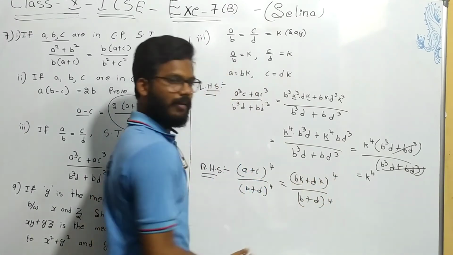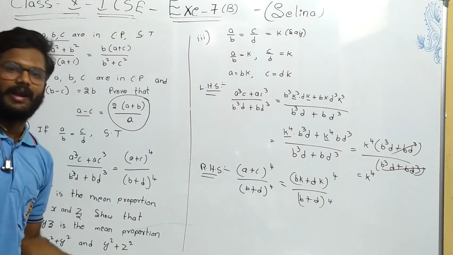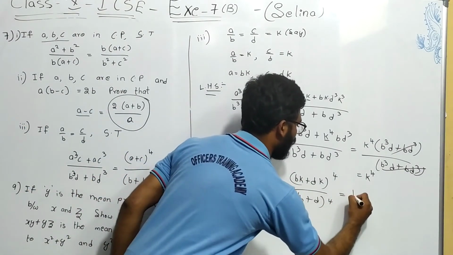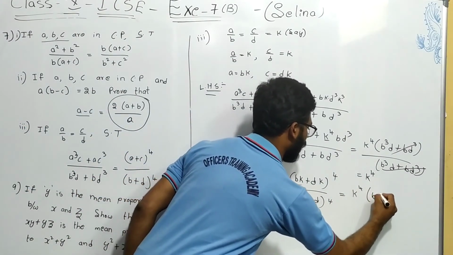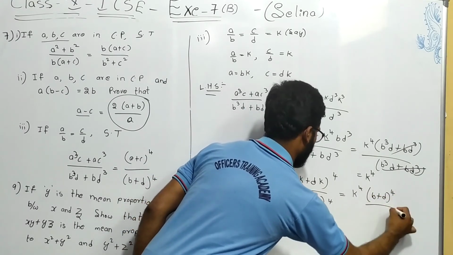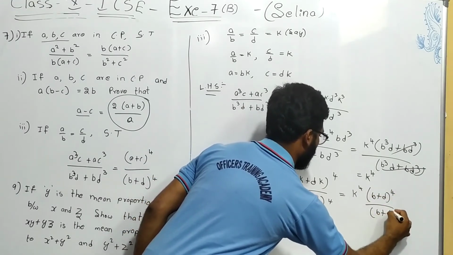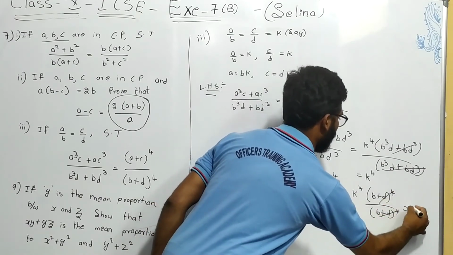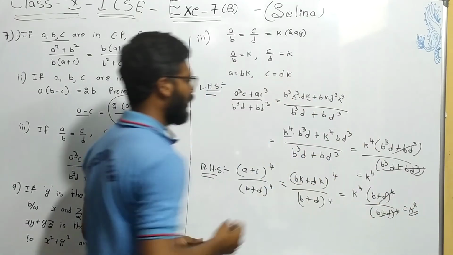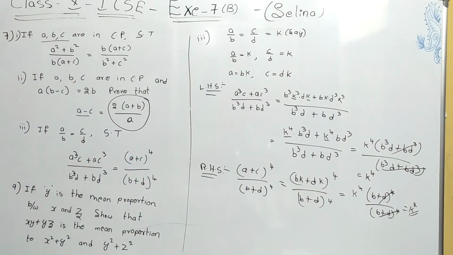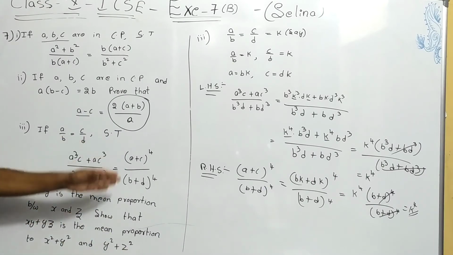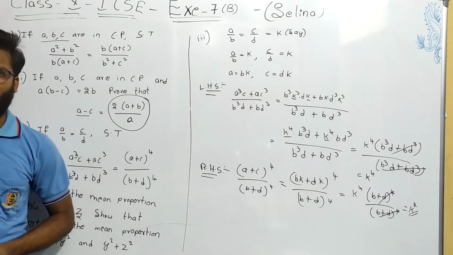Here, K is common. If I take K out of the bracket, I have to write K power 4, right? So, as it has power 4, B plus D whole power 4 by B plus D whole power 4. So, that is equal to K power 4. So LHS is equal to RHS. Therefore, these two are equal.